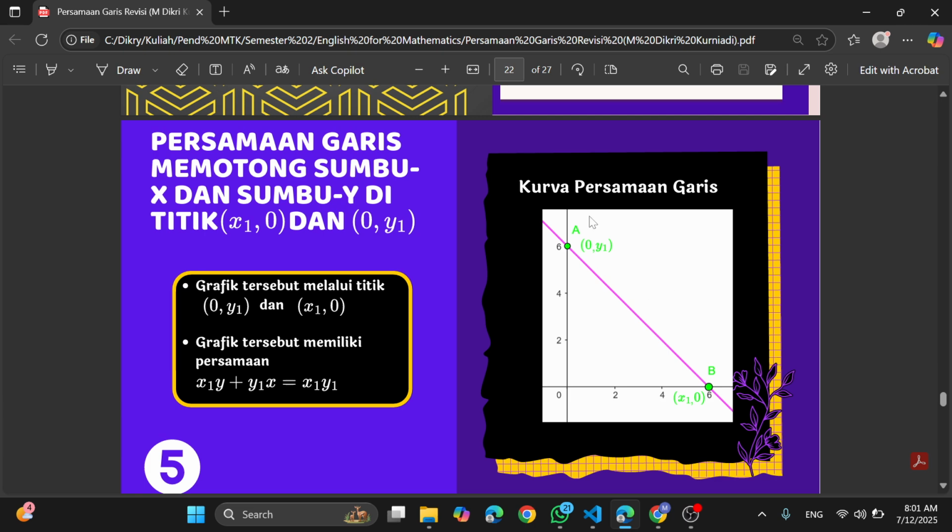You can see the graph of this equation. This is point A, 0, y1, and point B, x1, 0, and the line is passing through those points.